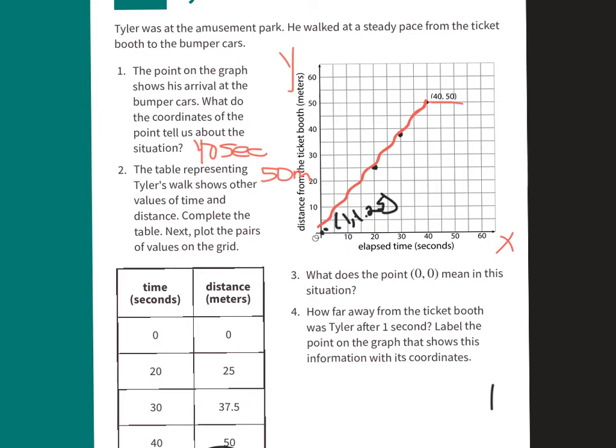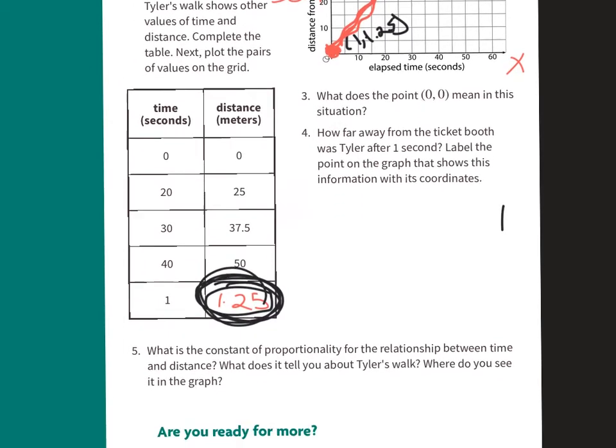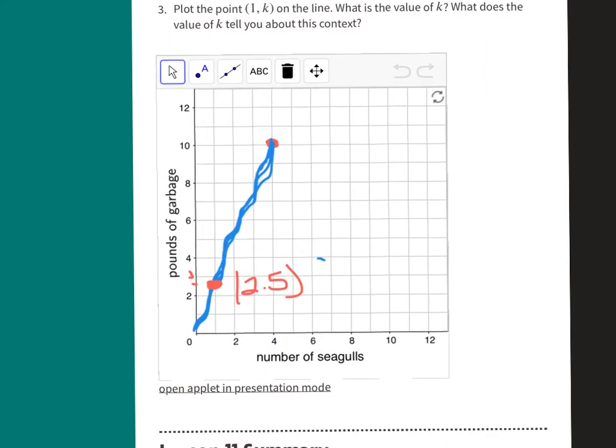The main thing we need to know about these graphs is that for it to be proportional, it has to be a straight line going through the origin. Remember, the origin is down here in the corner, 0, 0. If we form a straight line going through the origin, it is proportional. So that one's proportional, and this one's proportional as well, because it's a straight line going through the origin, even though it doesn't look like it on the screen.